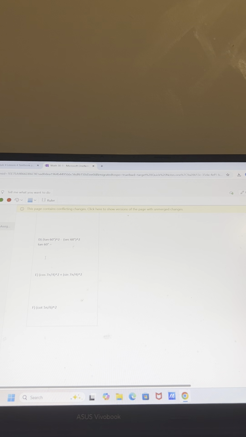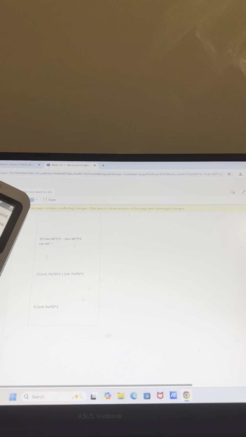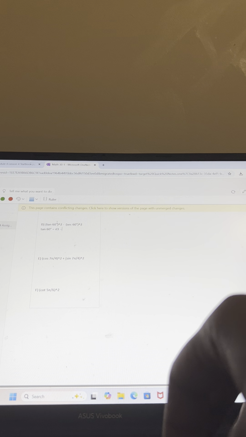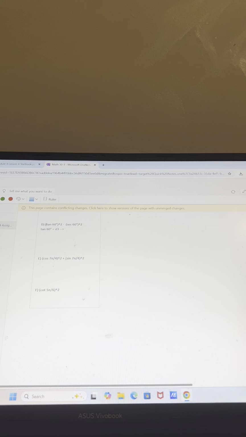If we just do some calculations, it should be square root of 3, and these match, so it's going to be square root of 3. So now that we know this, the square of tan 60 is going to be equal to 3.